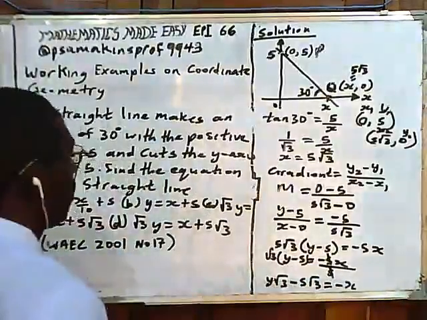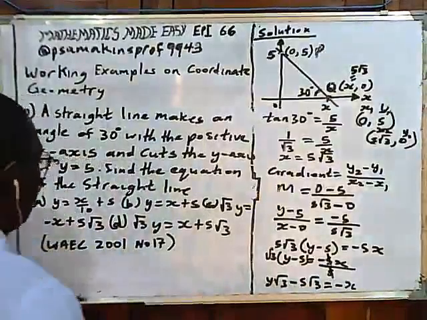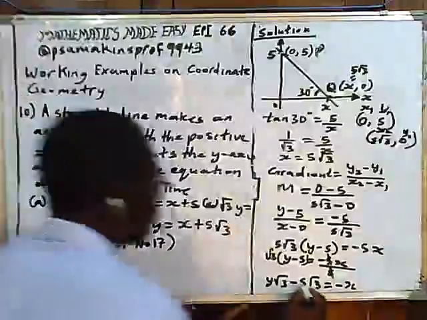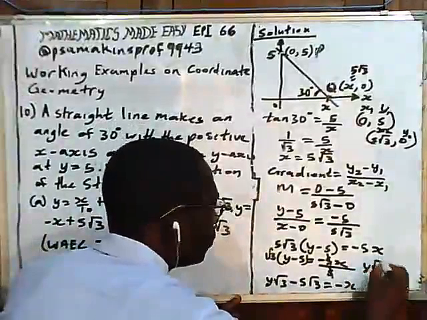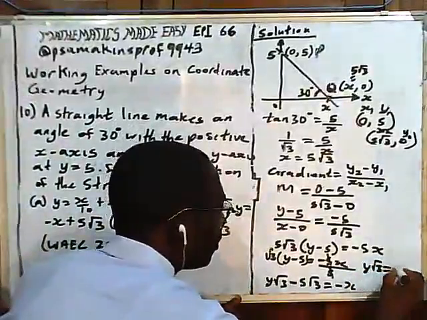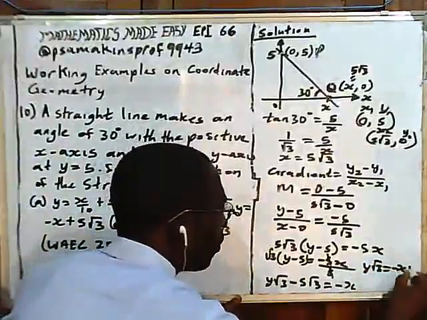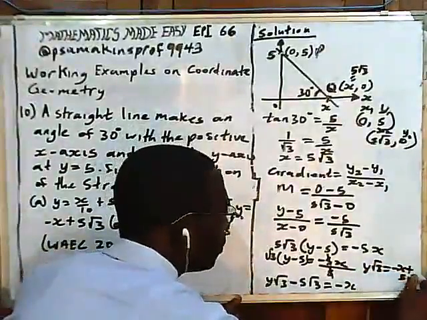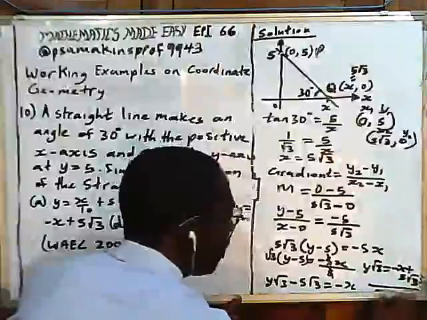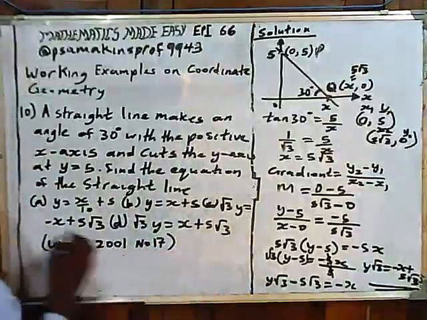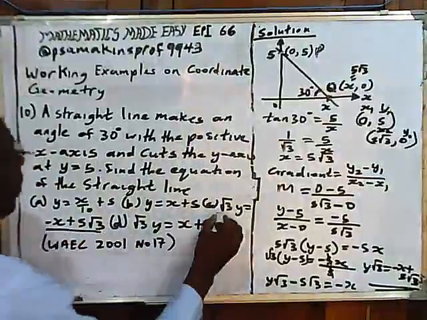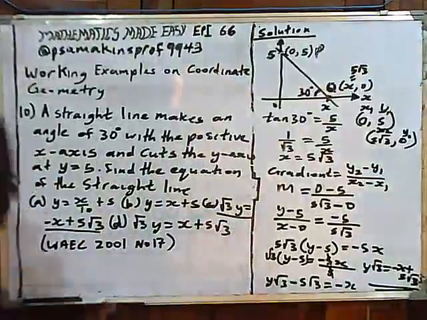If we transfer this one, we are going to have y root 3 equals minus x plus 5 root 3. That is the final answer, and that is option C. Option C is the right answer.